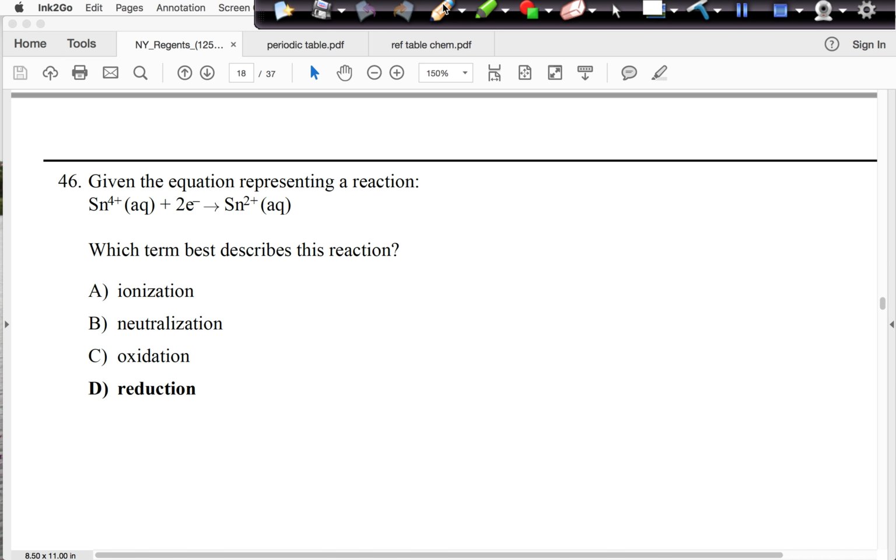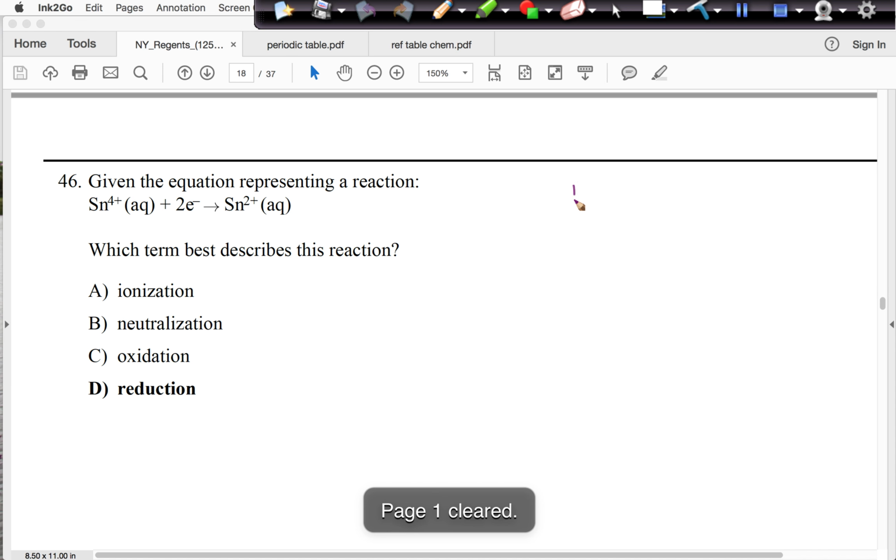For number 46, it says, given the equation representing a reaction, we see that the tin's oxidation number is changing from +4 to +2. And if we put these on a number line, +4 goes lower on the number line to get to +2.